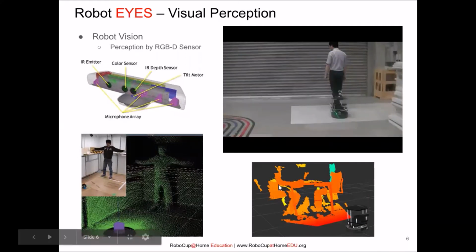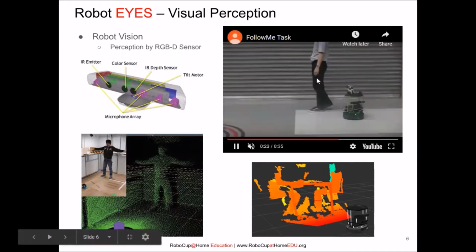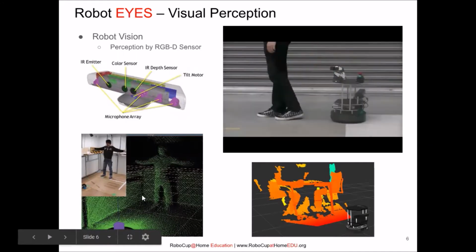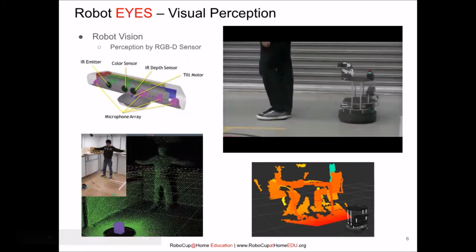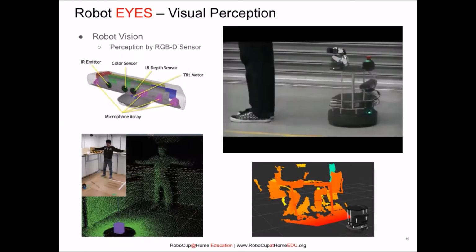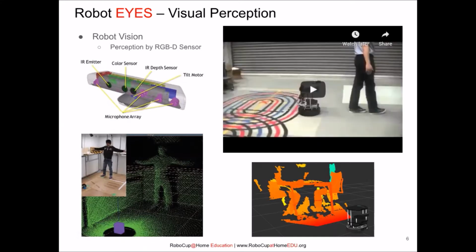And we also have the color information, like the image of what the person looks like in front. So you have RGB, which is the color, and D, which is the depth. Having these two together gives us a lot of information to perceive the surroundings, including people, environment and objects.